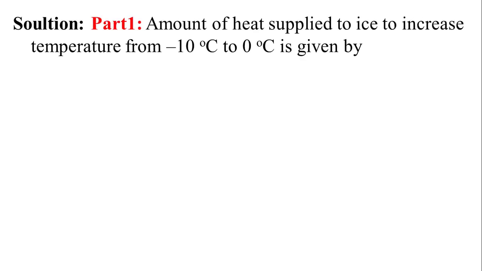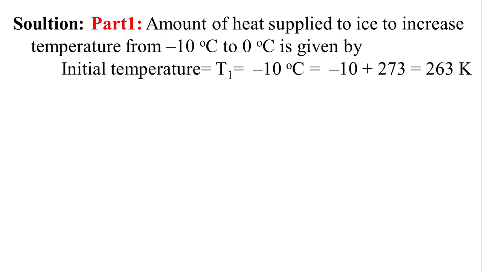So in solution, in the first part, the amount of heat supplied to ice to increase the temperature from minus 10 Celsius to 0 Celsius is denoted by delta Q1.